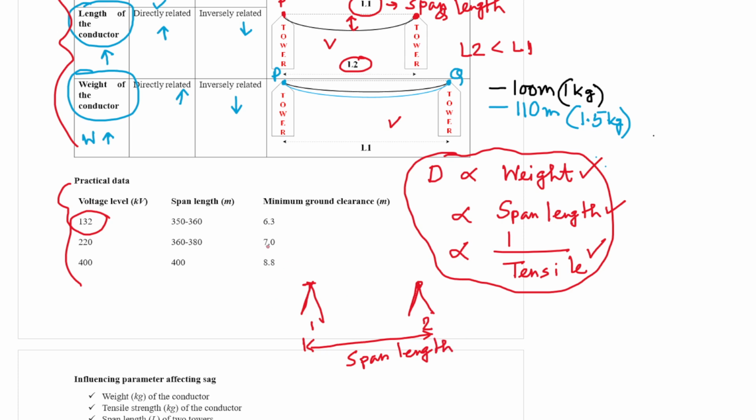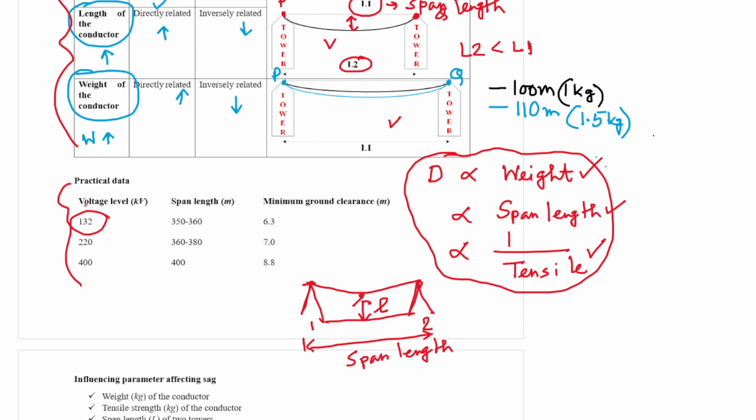And what will be the minimum ground clearance we should keep? If the conductor is taking a catenary-like shape, this should be the minimum ground clearance. Let us say this is L. So these two parameters are very important: span length and ground clearance.